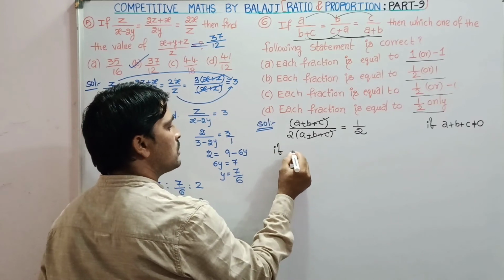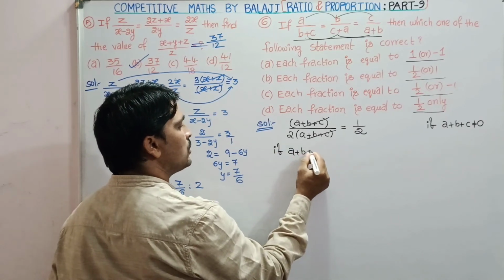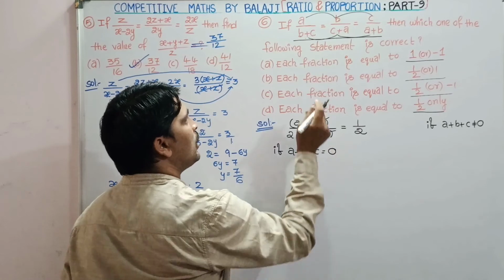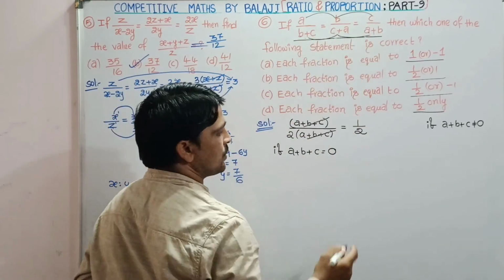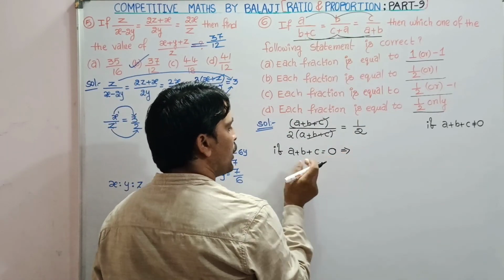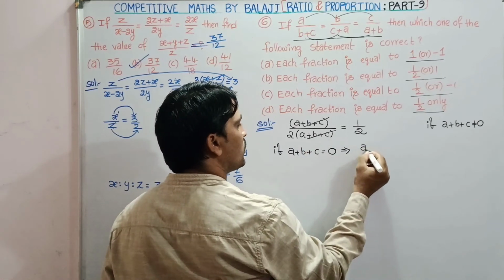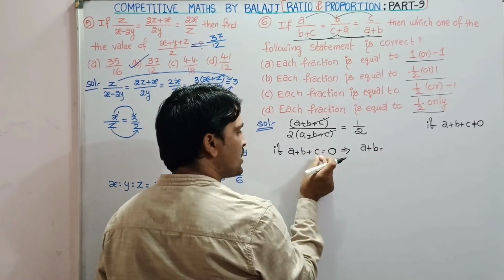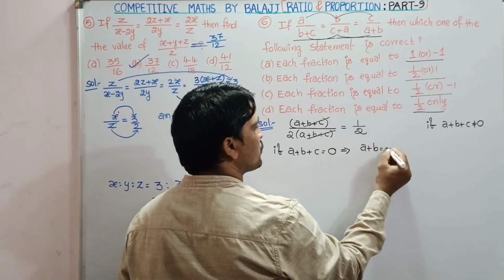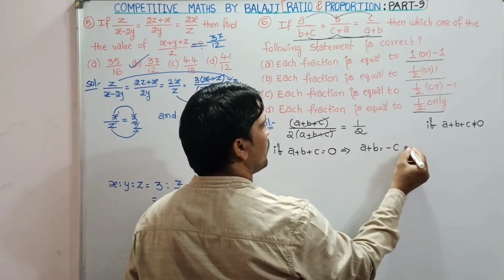Let us suppose a plus b plus c equals 0. What is the possible value of each fraction? If a plus b plus c equals 0, then transforming c from LHS to RHS, we get a plus b equal to minus c.